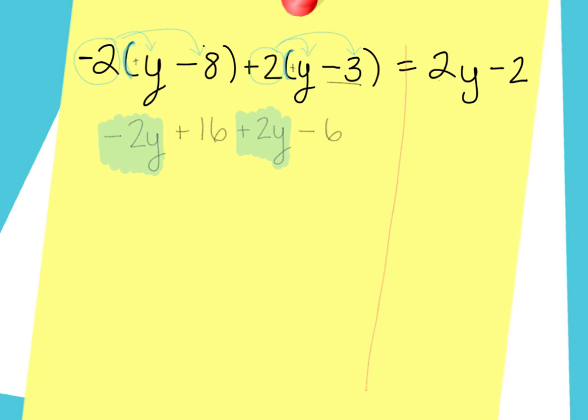Okay, so my negative 2y plus 2y, please make sure we are thinking about this. So we know that the y is always the like term, but also think about the fact that we have a negative 2 plus 2. So normally, if I have a number line and I do negative 2, start at negative 2, and then add 2, I'm going to jump 2 times, and I'm going to end up at 0.